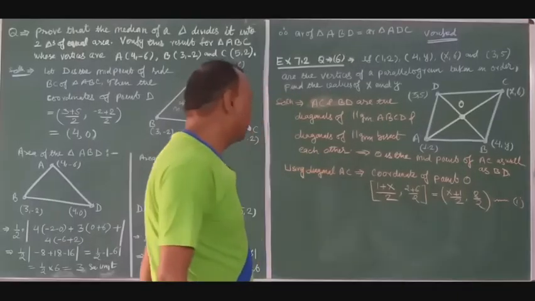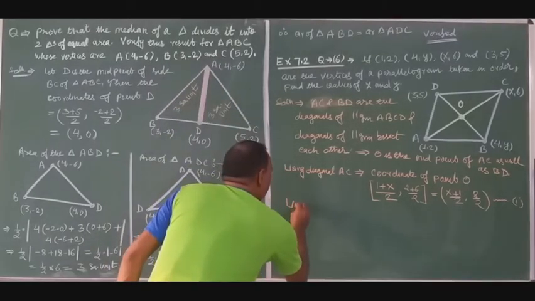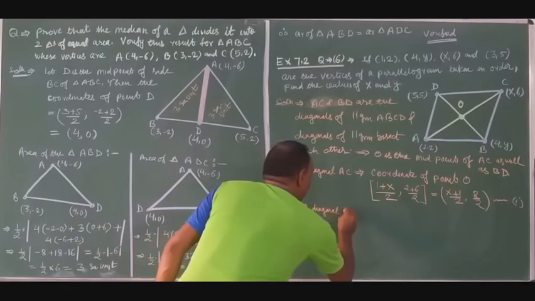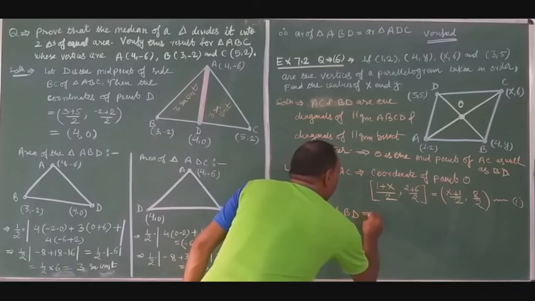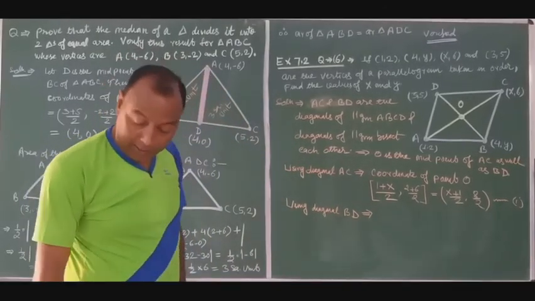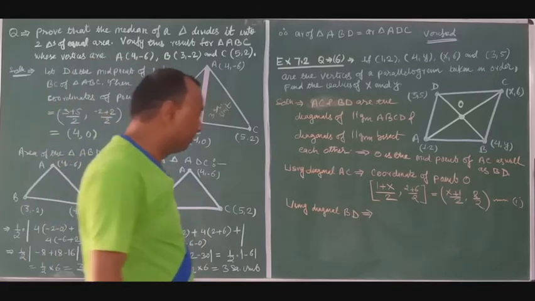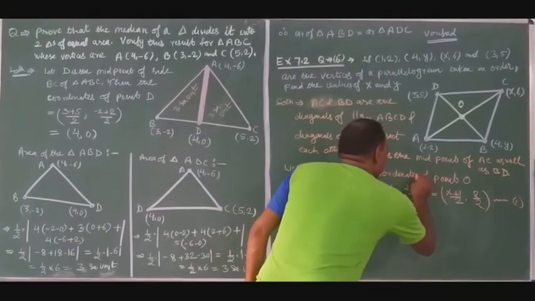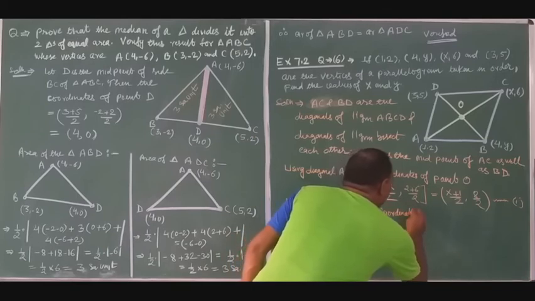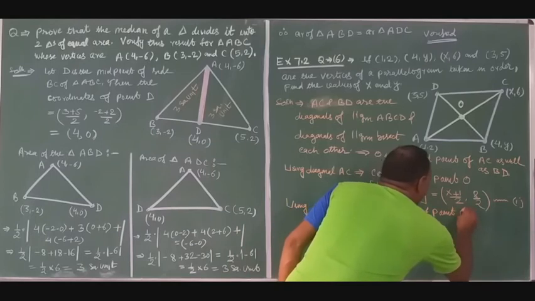Now again we will use the diagonal BD. Using diagonal BD, again the coordinates of point O. What will they be?